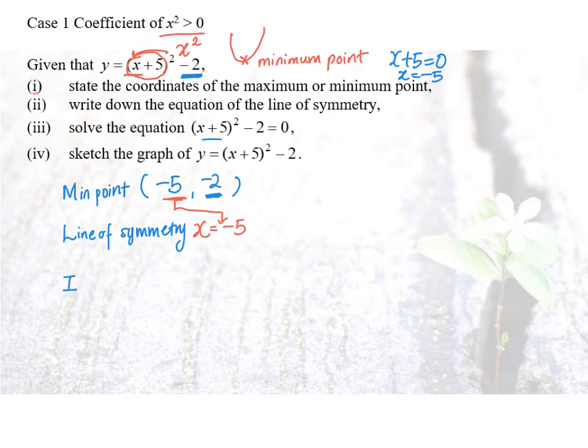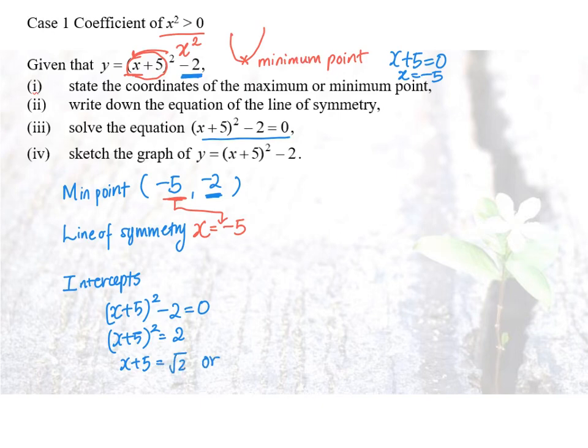Now we are going to find our intercepts, I for intercepts, and for the x-intercept the y is now 0. So in order to find the x-intercept, we have our equation. We bring 2 over, and then we try to get rid of the square, so we need the square root. Remember to write it as 2 separate answers because the values are different.